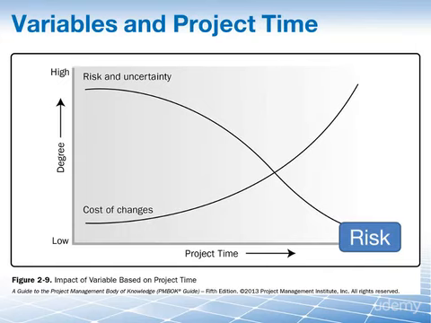As you get closer to the end of your project, there's simply less left over that could go wrong on the project. On the other side, the cost of making changes to a project is at its lowest level early on in the project, and then keeps rising during the duration of the project. If you think about it, this makes complete sense.